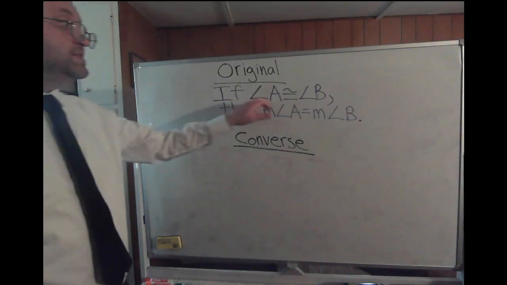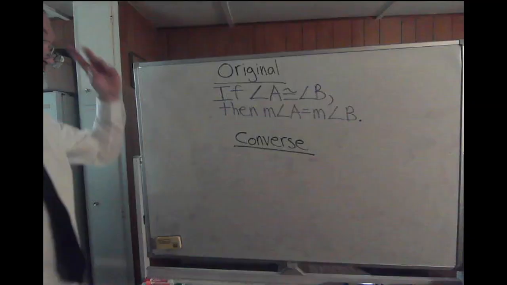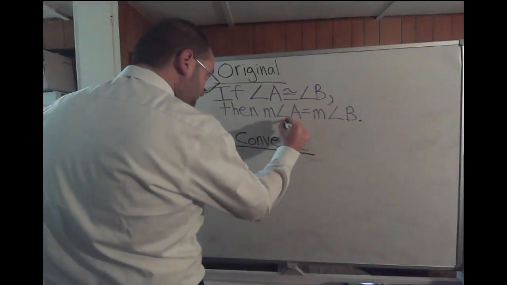If angle A is congruent to angle B, then the measure of angle A equals the measure of angle B. Well, that's true. Congruent and equal, they're interchangeable. That would be true.